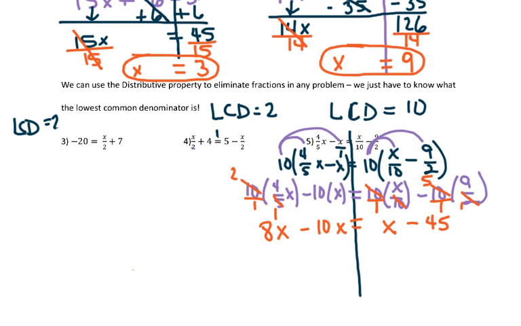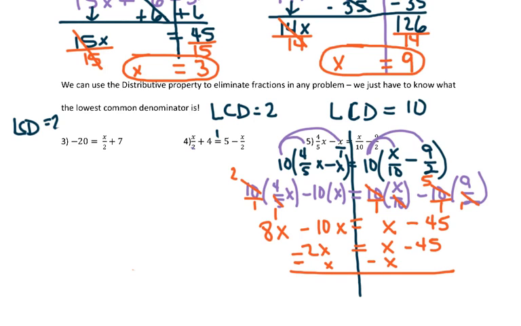Alright, so the first step is distributive property. Then we're going to look to combine like terms on the same side of the equal sign. So 8x minus 10x is negative 2x. Alright, then I need to get the variable on the same side of the equal sign. So that means I have to get this 1x to the other side, so I'm going to subtract 1x from both sides.